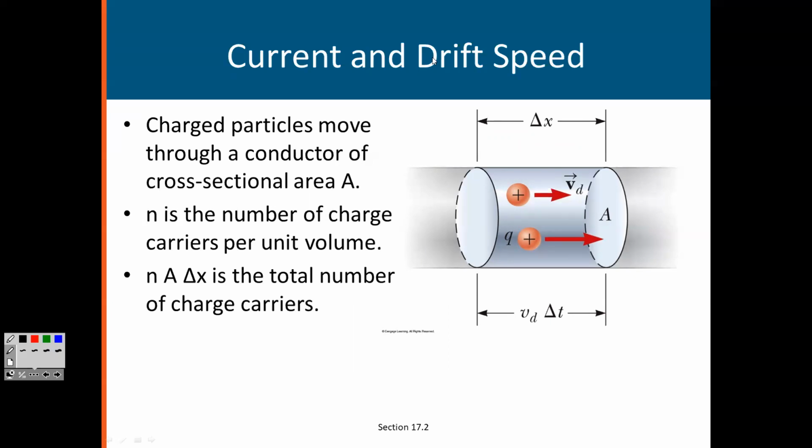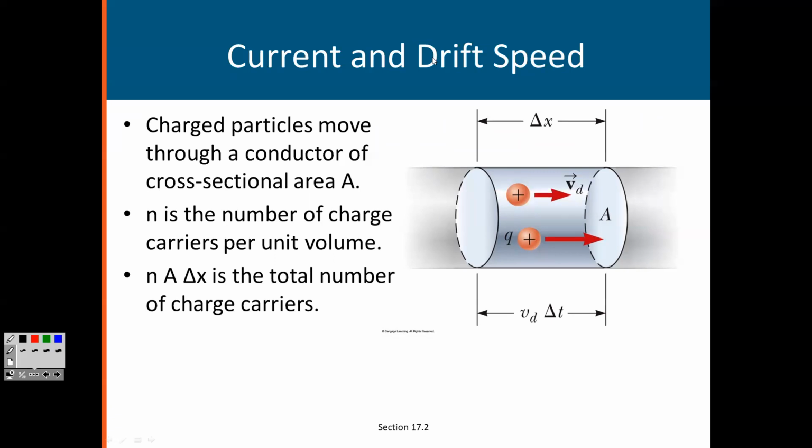Okay, now let's go to the atomic level, the microscopic level, to see the connection between the movement of the charges and the current. So can we relate the drift speed of the charge carriers, the electrons, in a conductor to the current?